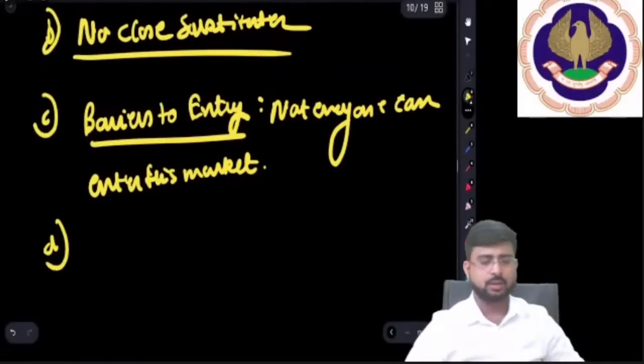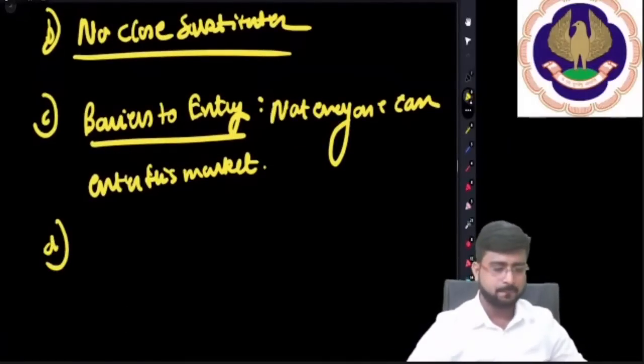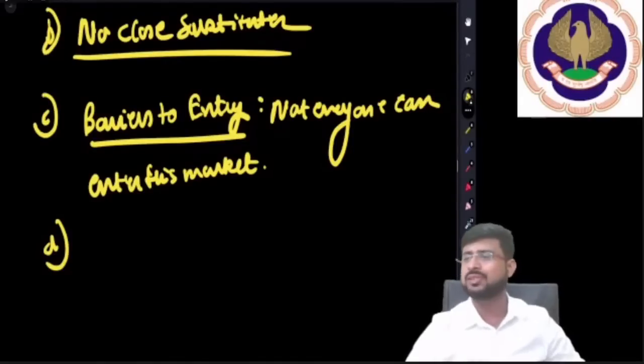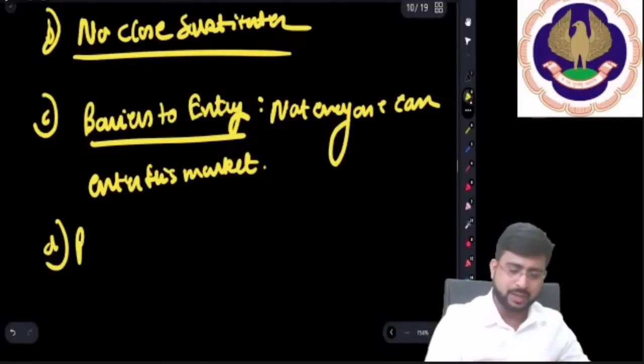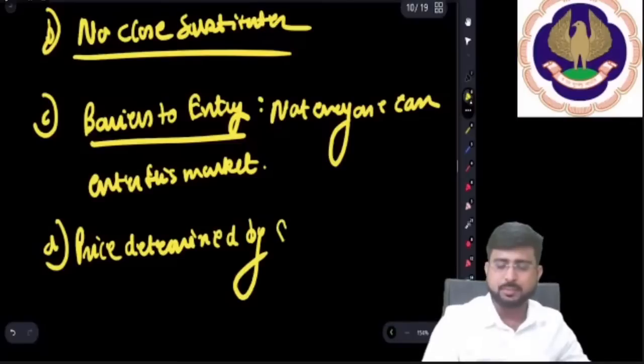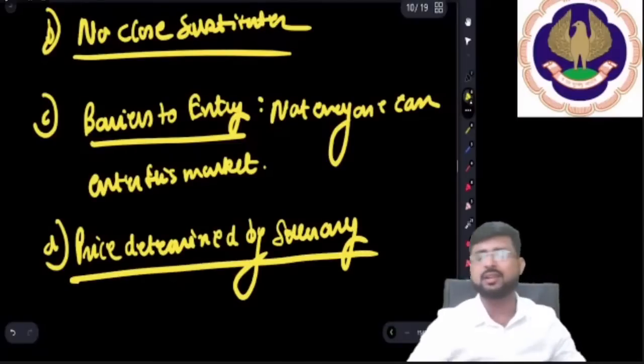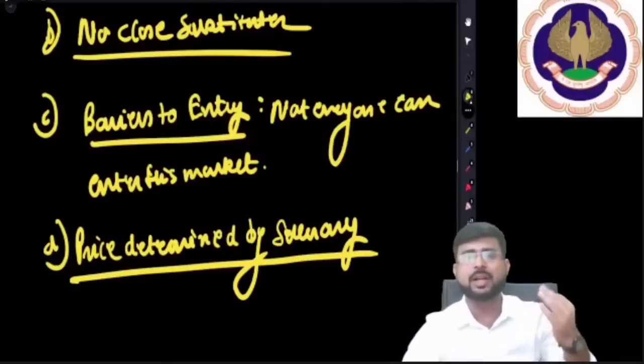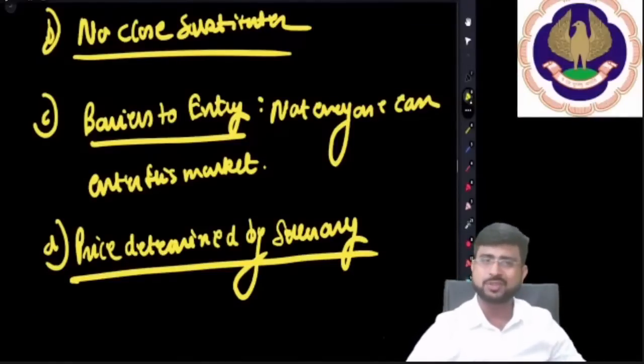Point D. They decide their own prices. Price is determined by the seller only here. It doesn't happen that prices are determined by the market forces this time, because here the monopolist is the single seller.